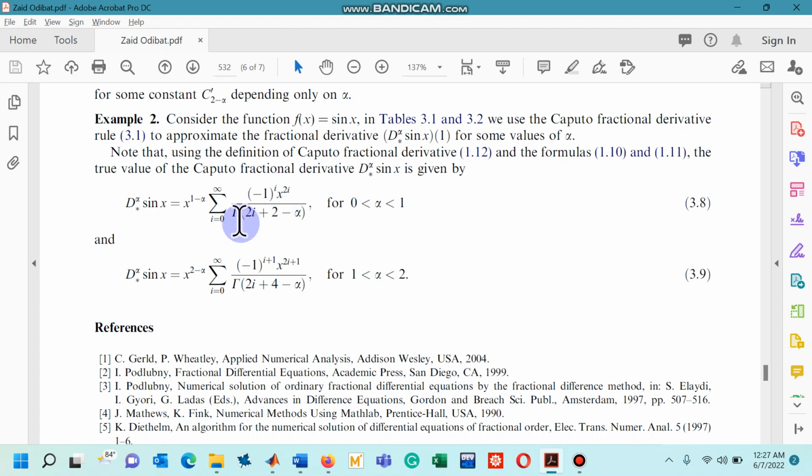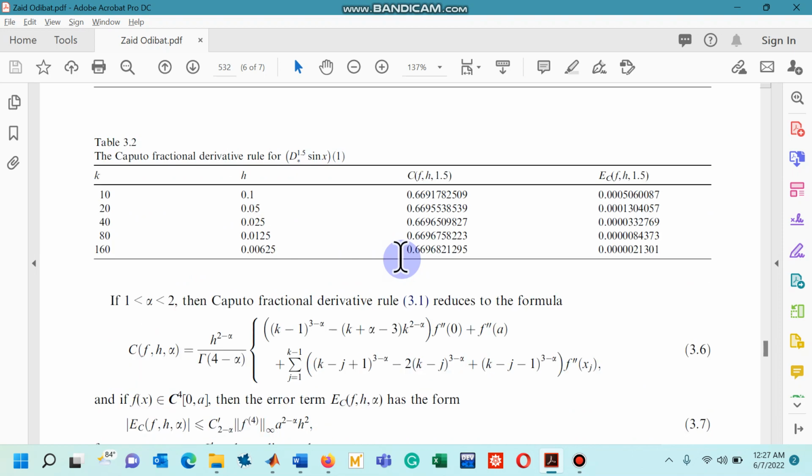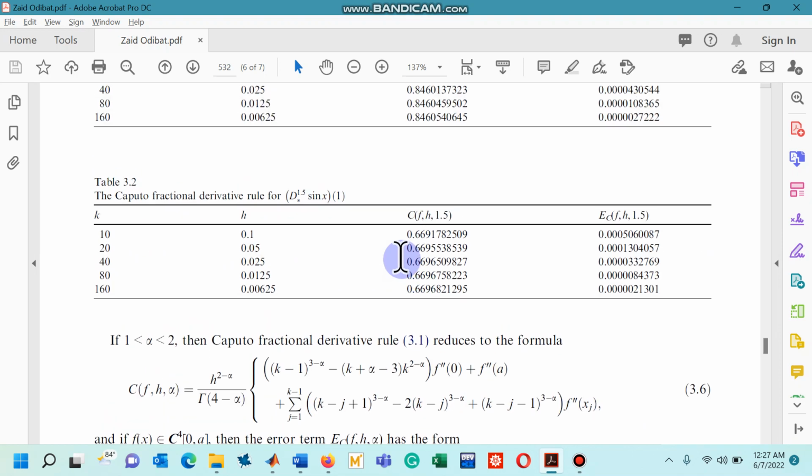This is the exact answer for the Caputo fractional derivative of order alpha for the sine function. Equation 3.8 comes when alpha is between 0 and 1, and you will get equation 3.9 when alpha is between 1 and 2.